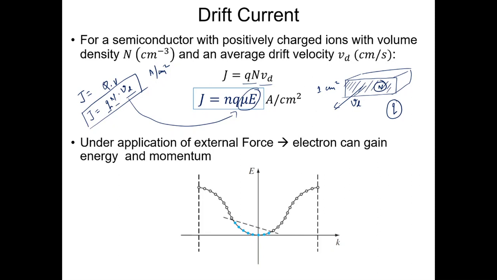Now what does it mean in case of external force applied? So there are two ways. The vd, for instance, could also be just a thermal velocity. If it is thermal velocity, then the net thermal velocity would be 0 and therefore the net current would be 0.